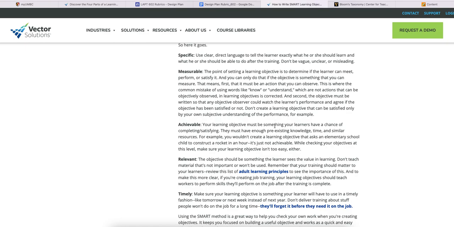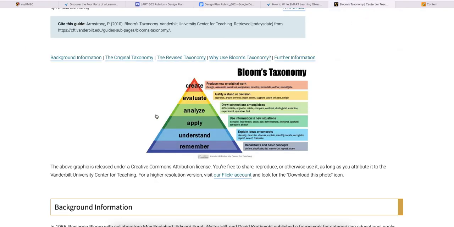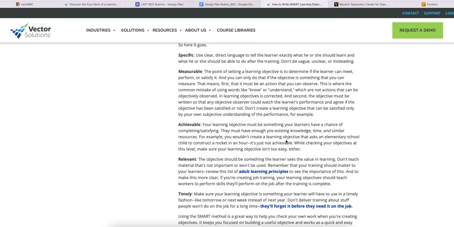The acronym goes on to help you determine if your objective is achievable. If you're uncertain whether or not your objective is achievable, you can come back to Bloom's taxonomy and check in. Are you at the right level? Are you asking people to analyze something before they can understand it, right? Have you accommodated all the first order and prior order thinking that is necessary for this objective to be achieved?